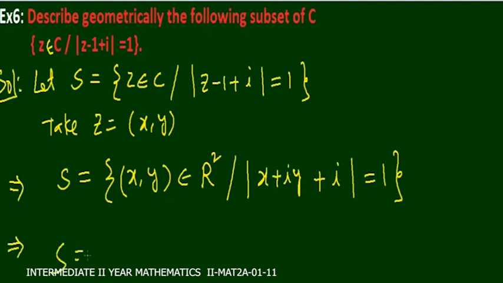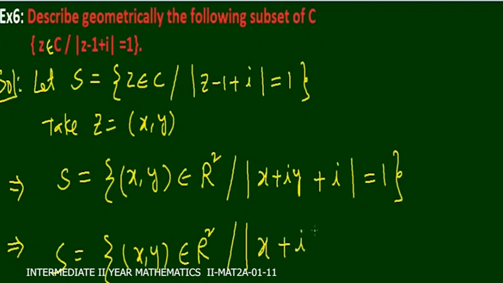Further simplifying, taking i common, this is x plus i times y plus 1 is equal to 1.